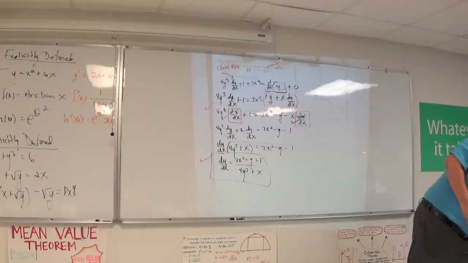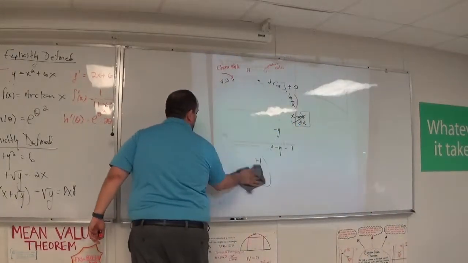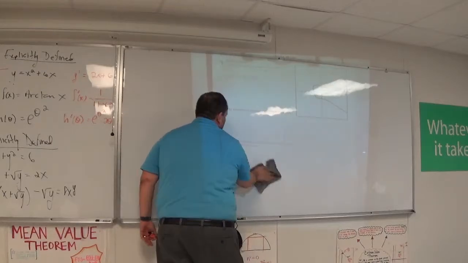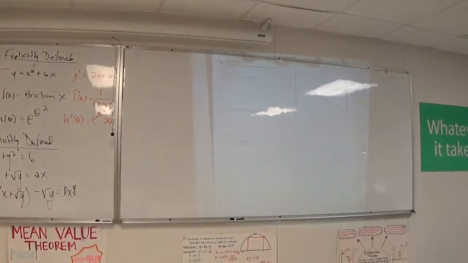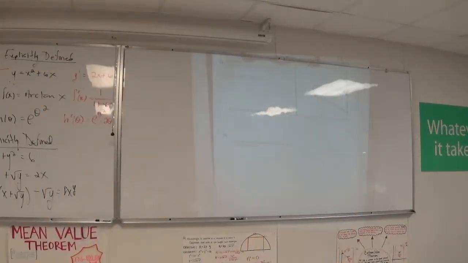I want to see what you guys can do with part B. Trust your smarticle particles. I have trained you all well. You know what to do with this one. Part B. I need the equation of the tangent line at (1, 1).